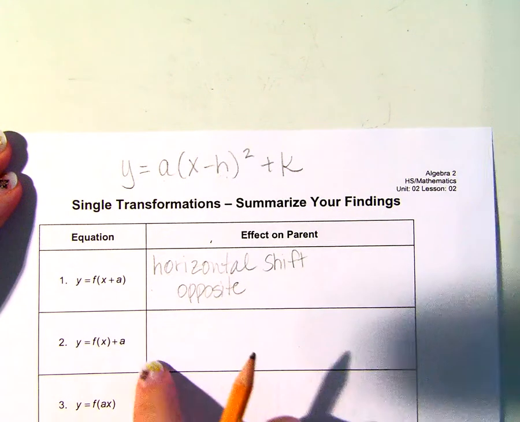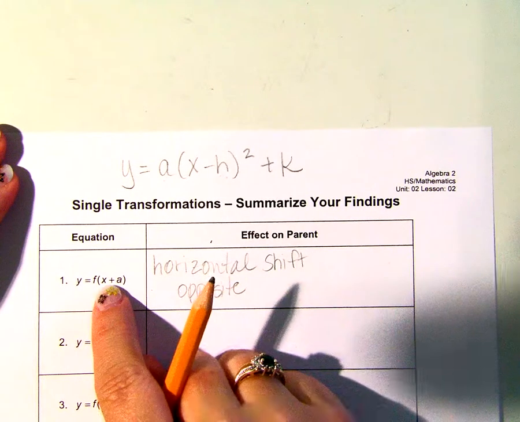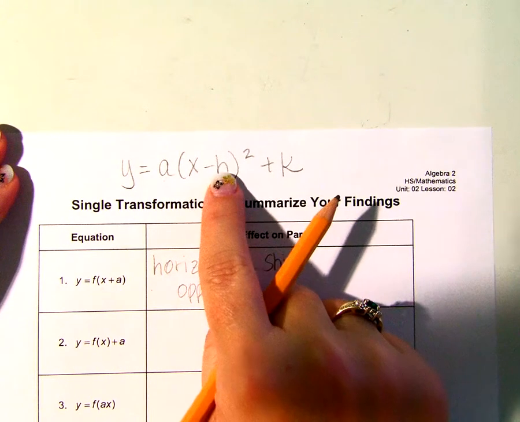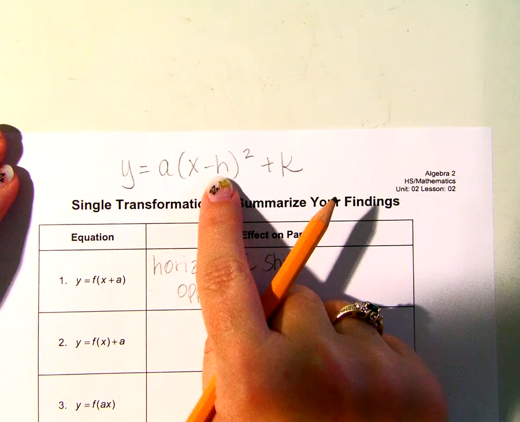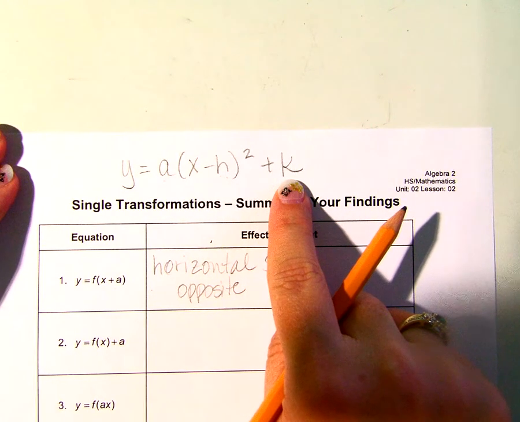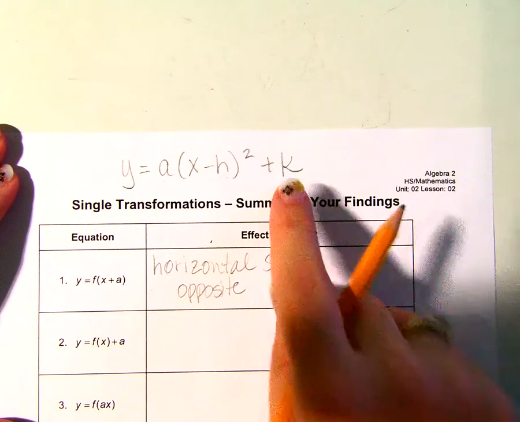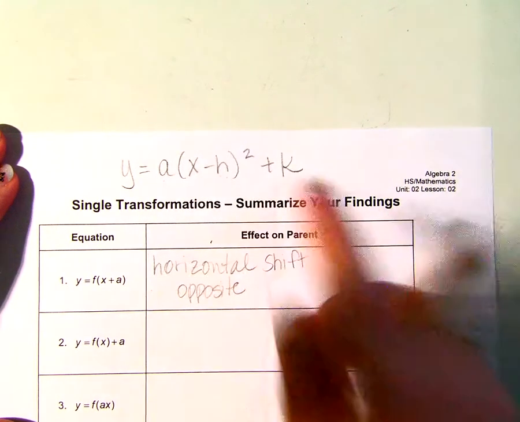Okay? So what about this one? If it's inside, it's horizontal because there's an H. So if it's outside, it's going to be vertical. Right? Vertical. It wasn't my idea to make this a K. Nobody asked me.